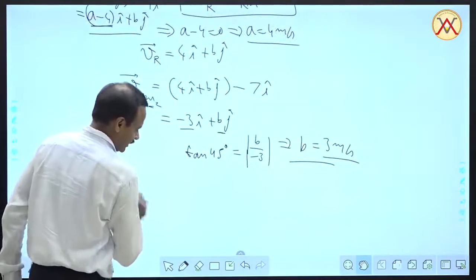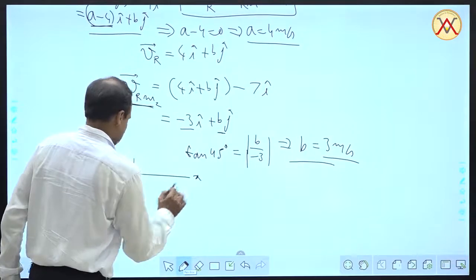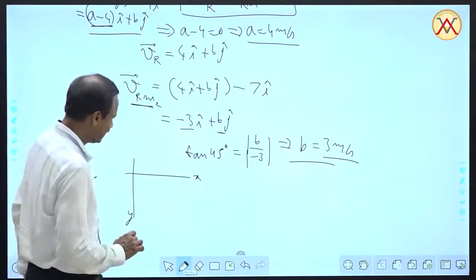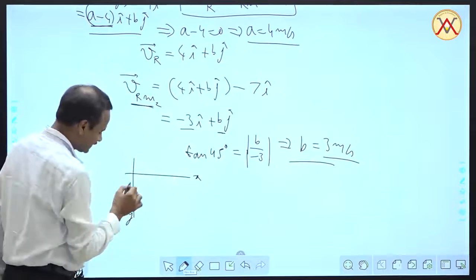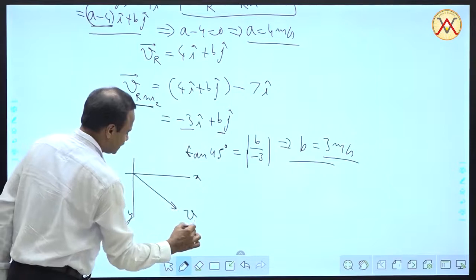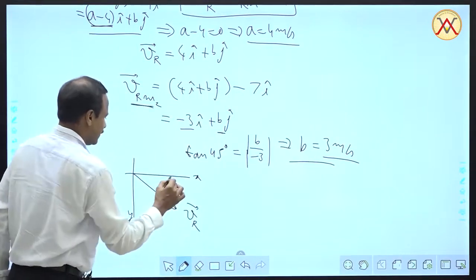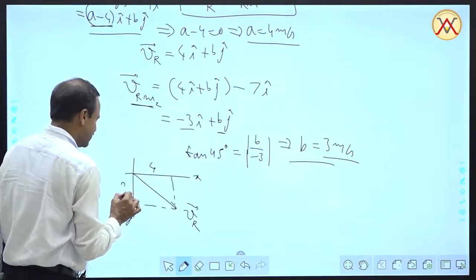Now that we have got both the components of velocity of rain, I had taken the x-axis horizontal, y-axis vertically downwards. The horizontal component is 4, vertical is 3. So the VR vector is like this, this component being 4 and this one is 3.